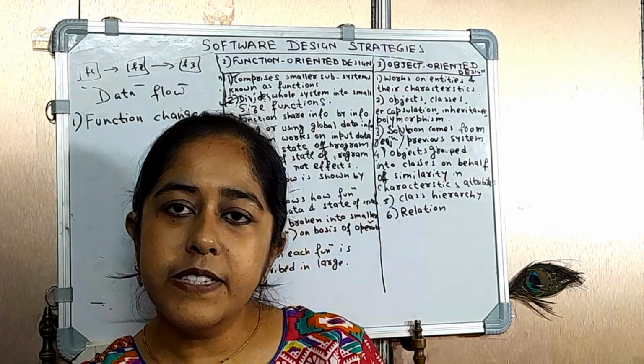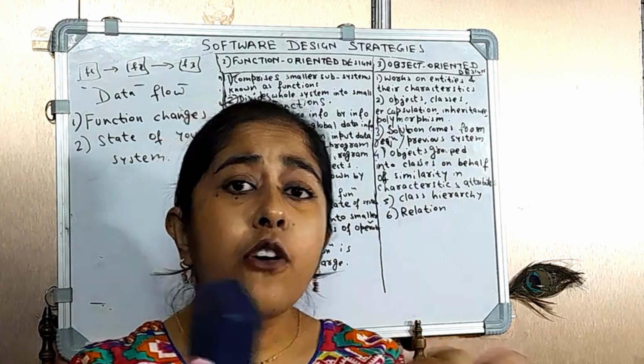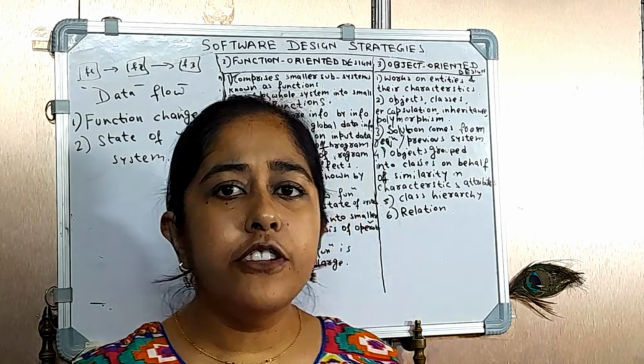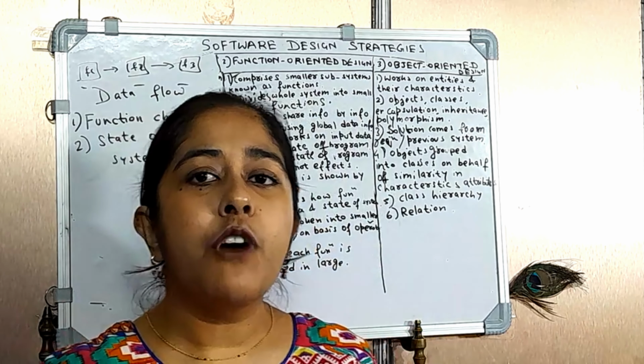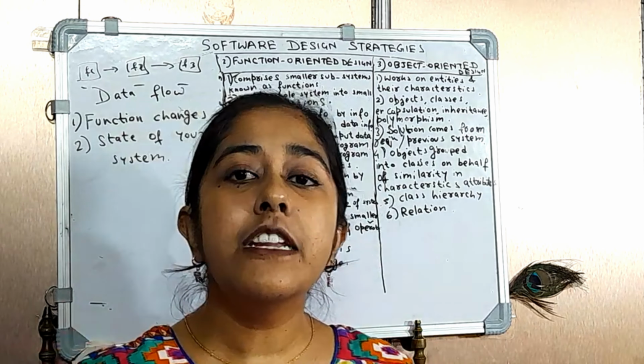The last point is that the system is broken into smaller units, that is, functions. The system has now been broken into small subsystems. But how are we breaking it? As I have already told you, what is a function? A function is a working, a work done by something.